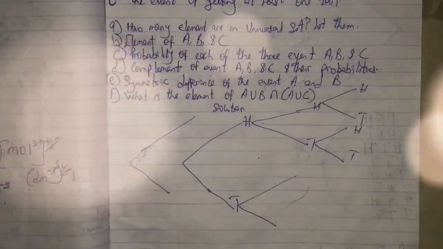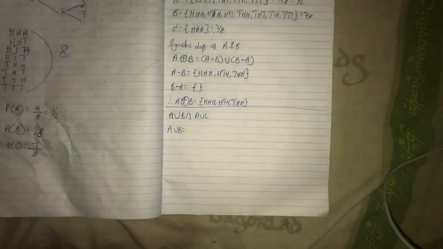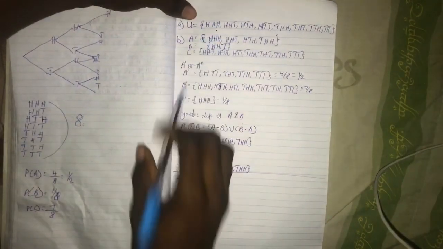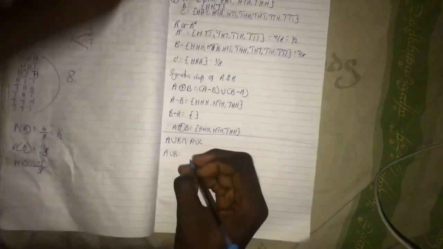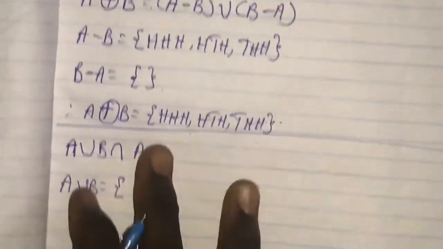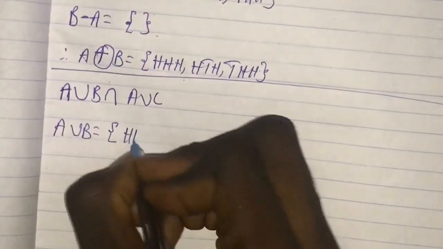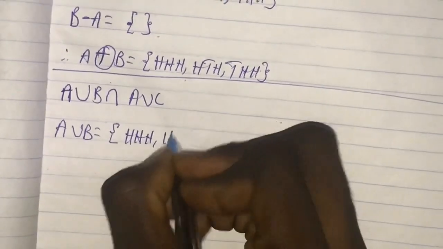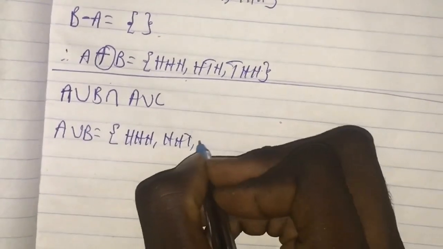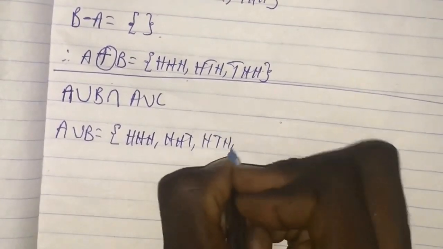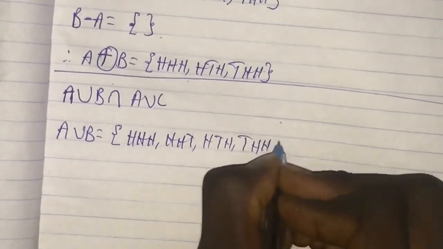So we have done a lot so far. I want you guys to look for the element of A union B. Let me zoom this out. So A union B is what? We'll be left with HHH, HHT, HTH, THH.